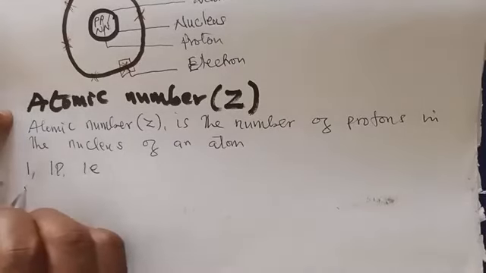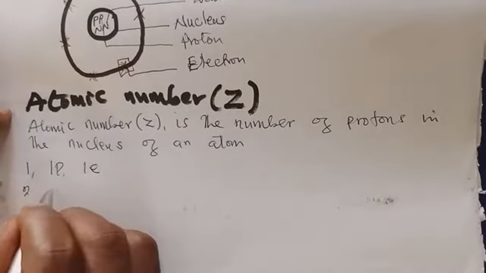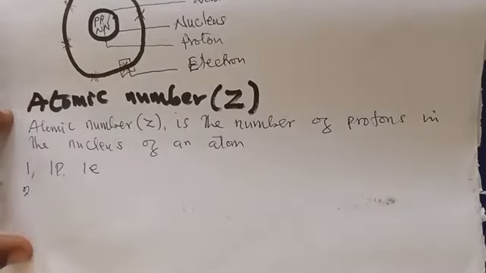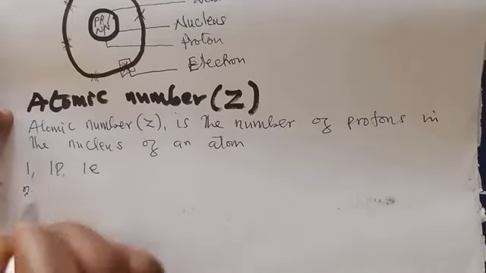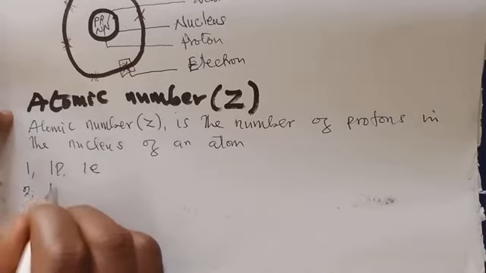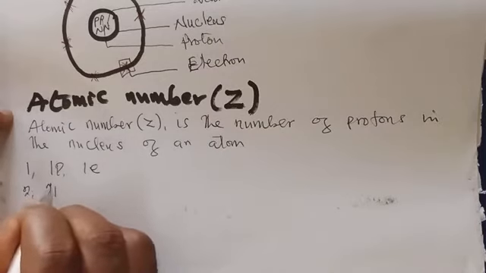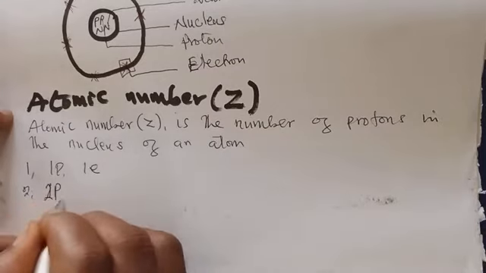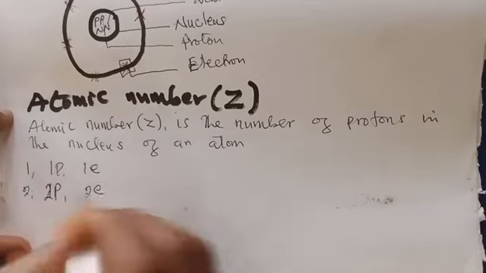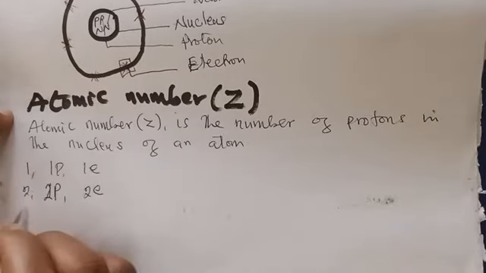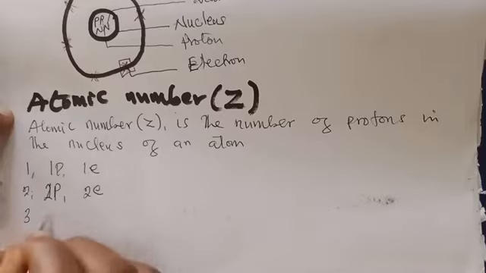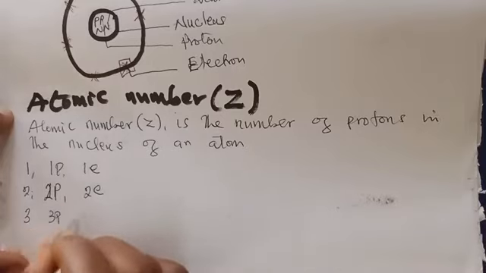If you have atomic number 2, you have 2 protons and 2 electrons in a neutral atom. In a neutral atom with atomic number 3, you have 3 protons and 3 electrons.